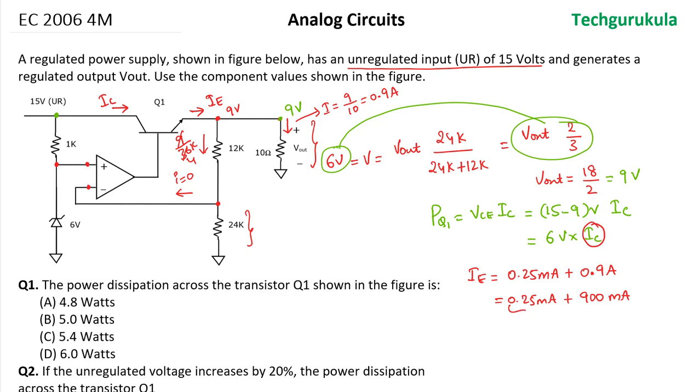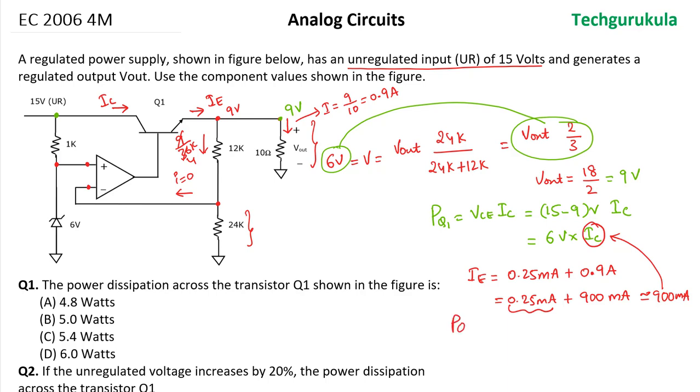So, compared to 900 milliamperes, we can neglect this 0.25 milliamperes. This is the whole point where we always talk about the voltage divider network to be of very large resistance values, so that it does not consume current supplied by the BJT. Now, taking this approximately equal to 900 milliamperes, let us substitute that here, as we just assumed IC is equal to IE.